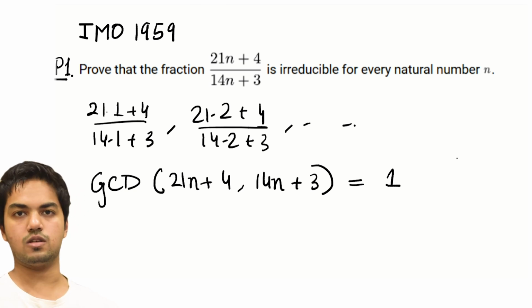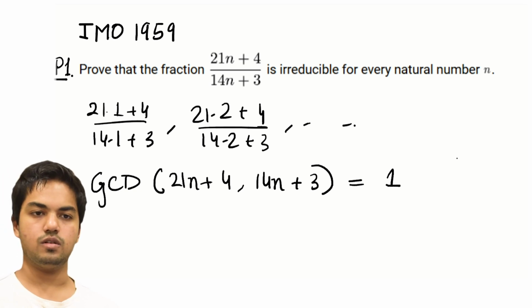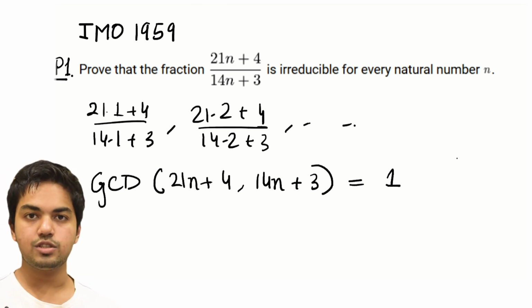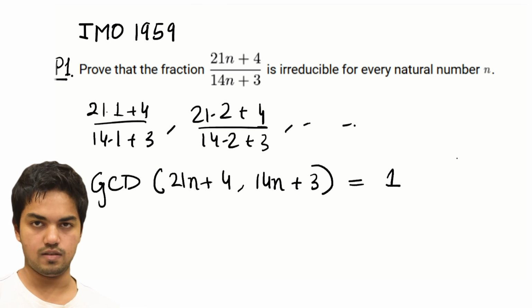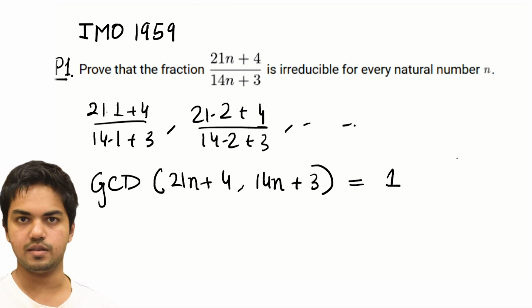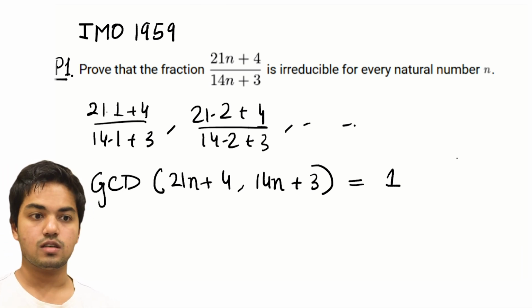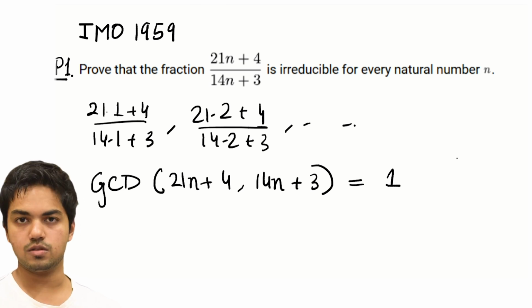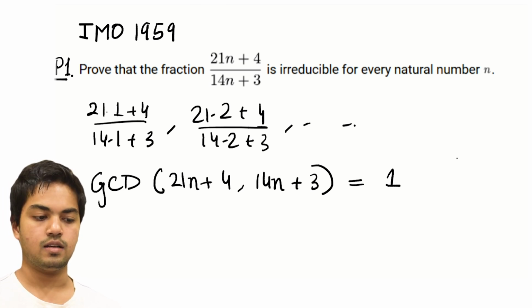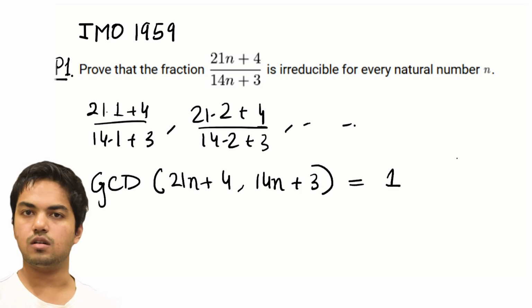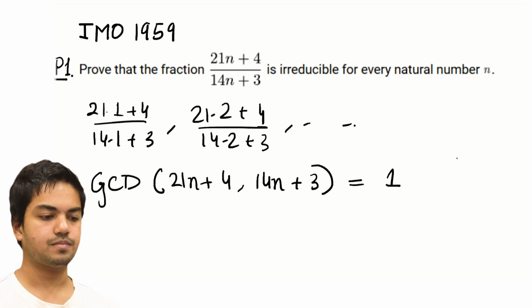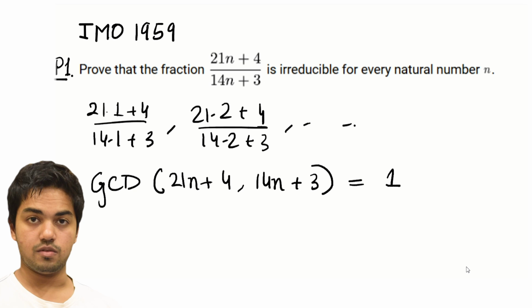This is just another way of saying that 21n + 4 and 14n + 3 don't share any factors. The greatest common divisor, or greatest common factor, is just the largest number that divides both of the numbers involved. And if that number is 1, that means that there are no prime factors, right? There's no common factor among them.